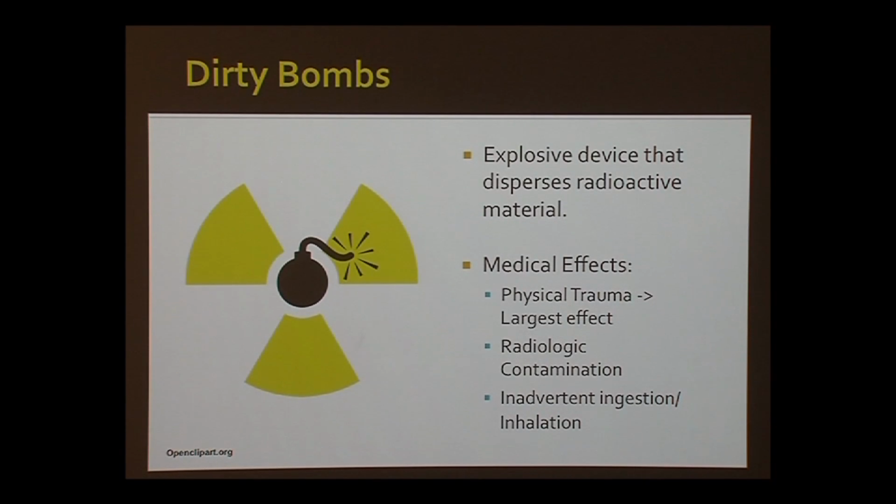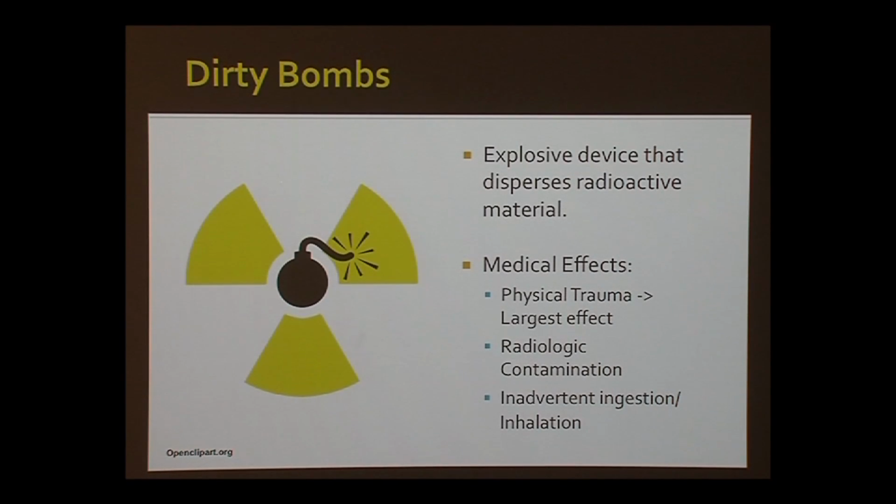A nuclear weapon creates a large explosion through a fission-type reaction. A dirty bomb is basically taking something like a teletherapy capsule, putting all that stuff in a conventional explosive device and setting it off.